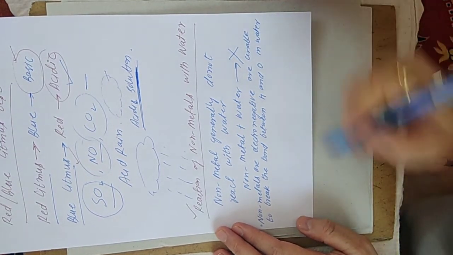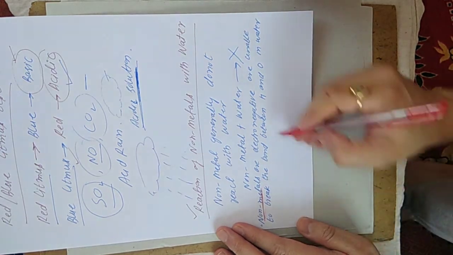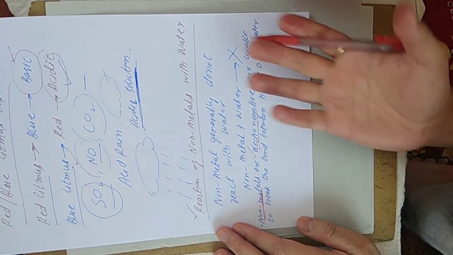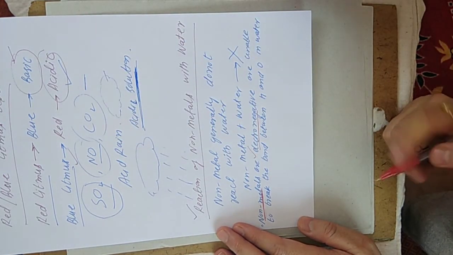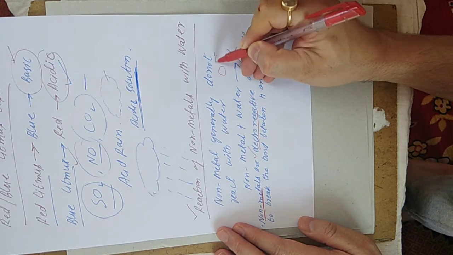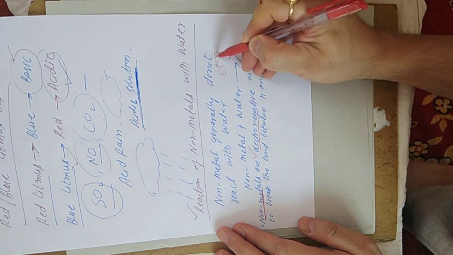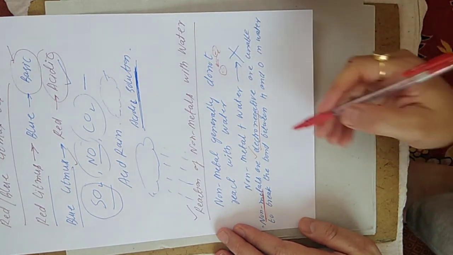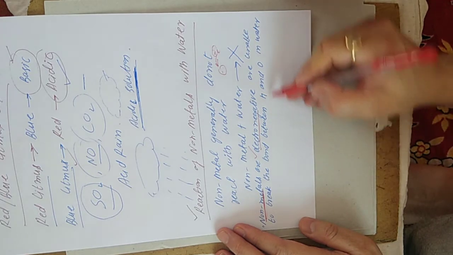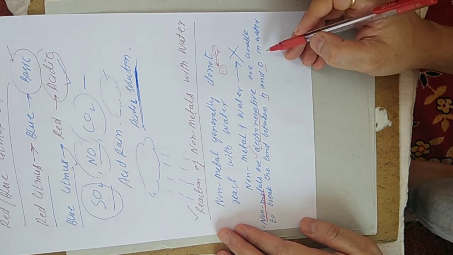So if you remember, the definition of non-metal was they are electronegative in nature. Electronegative means they are electron acceptors. They accept electrons. We had seen that example, how they accept electrons. So non-metals are electronegative, so they are unable to break the bond between hydrogen and oxygen in water.